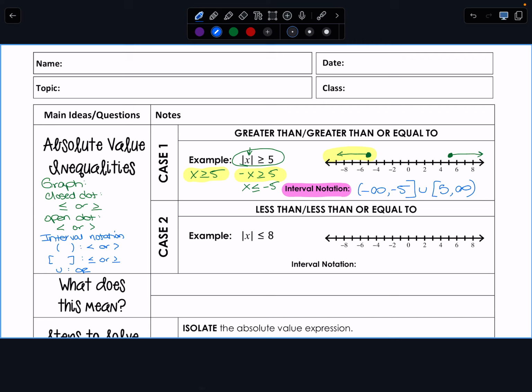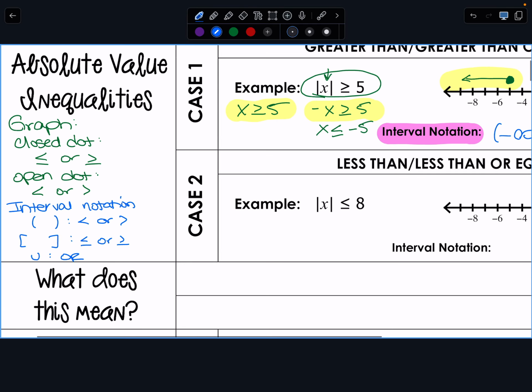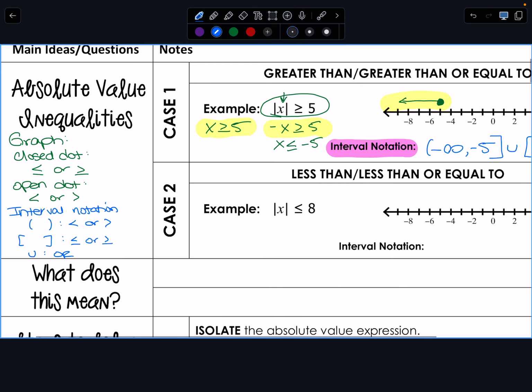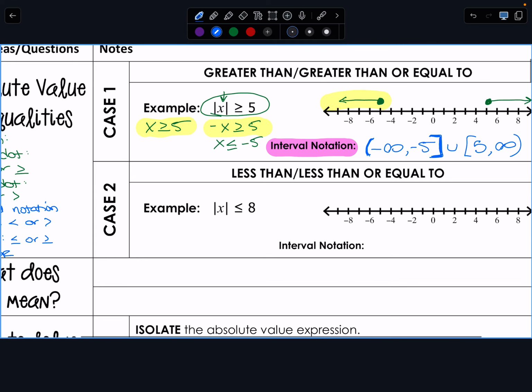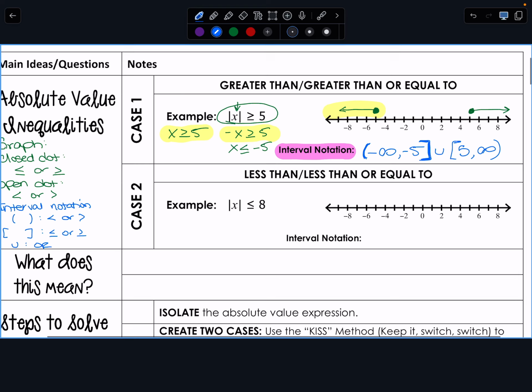And the little bracket or parentheses goes to what I cannot be equal to. So I cannot be equal to negative infinity, which is why it's a parentheses, but I can be equal to negative 5, which is why it's a square bracket. Then I can be equal to 5, but I cannot be equal to positive infinity.